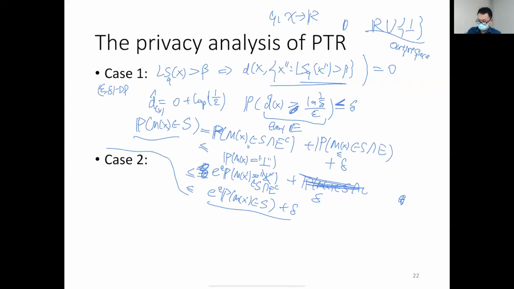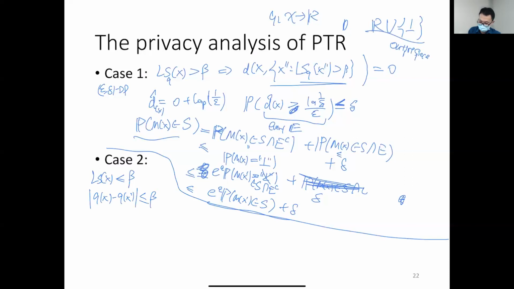Okay, so that's case one. In the other case, when the local sensitivity of X is smaller than beta, this means that the absolute value of Q of X minus Q of X prime, by the definition of local sensitivity, is smaller than beta.